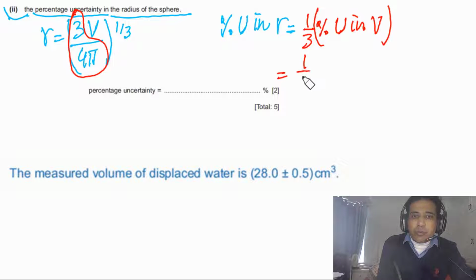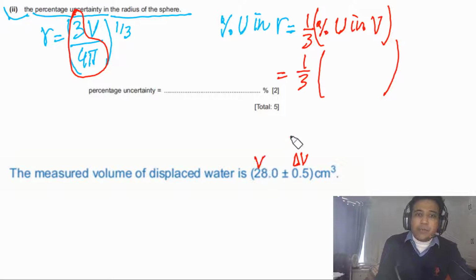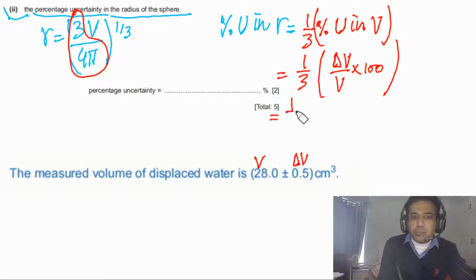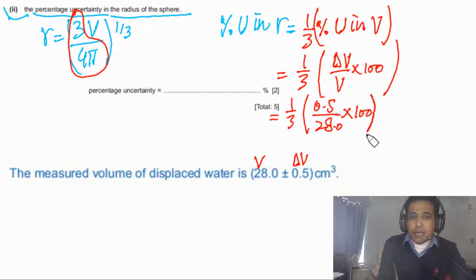Now simply we can write down here 1 by 3, and calculate the percentage uncertainty in V. We have absolute uncertainty, this is delta V, and this one is V. So this is simply equal to delta V by V multiplied by 100. Now we need to plug in values. Delta V is 0.5 and V is 28.0, multiplied by 100.